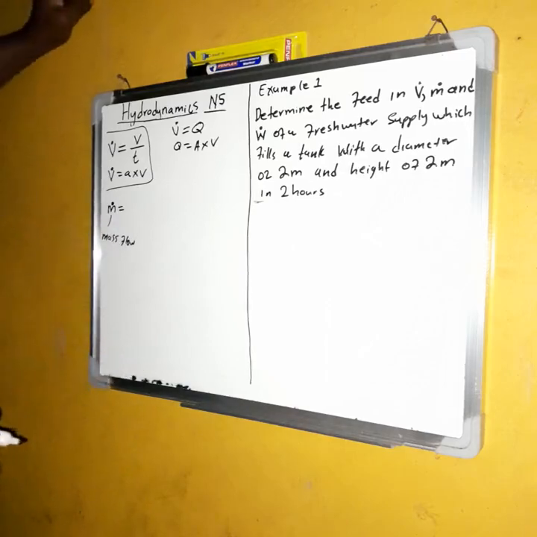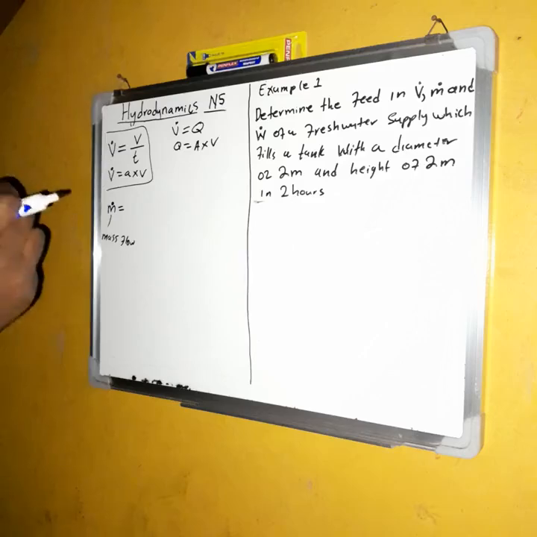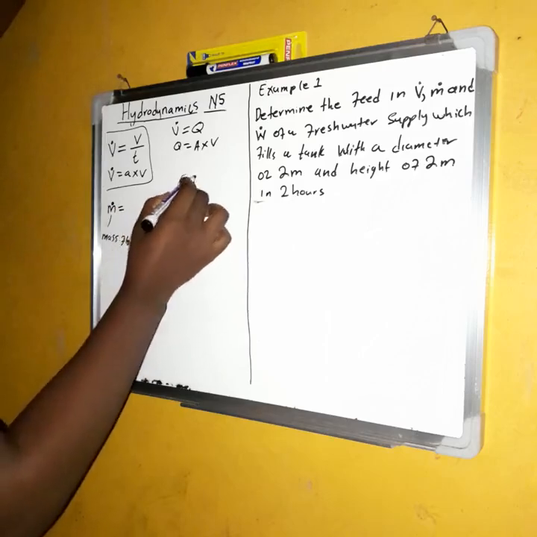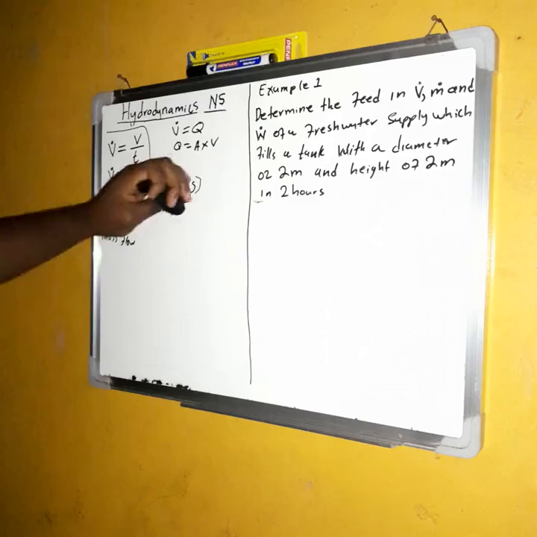So how can we find the mass flow? Mass is measured in kg.